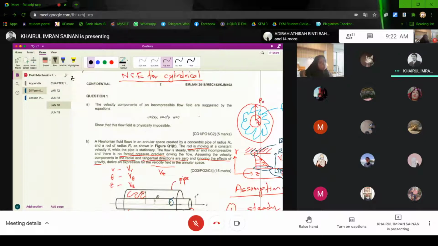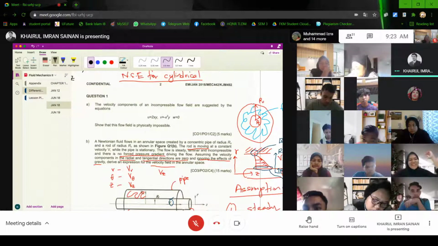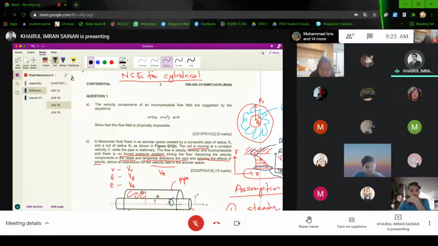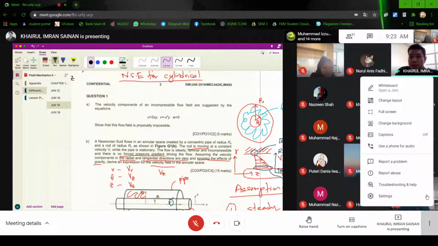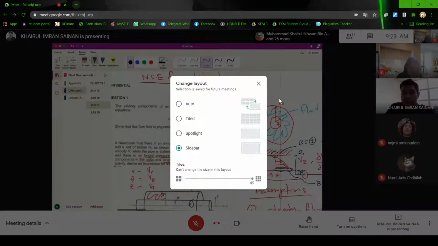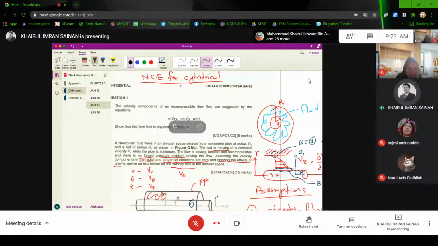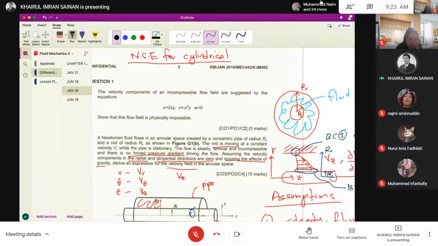This one I want to explain about the annular space. What it means by annular space is you have two cylinders, one hollow, another one not hollow. So this is where your fluid is. Between cylinder 1 and cylinder 2, you have the fluid. This is what we call an annular space.